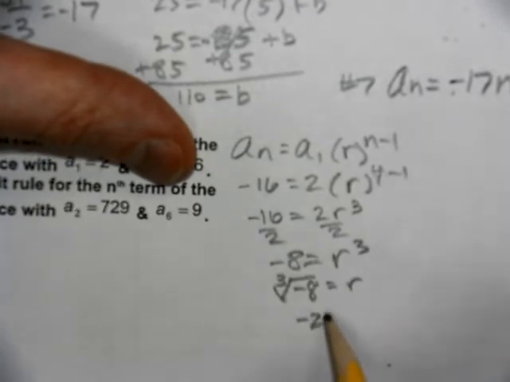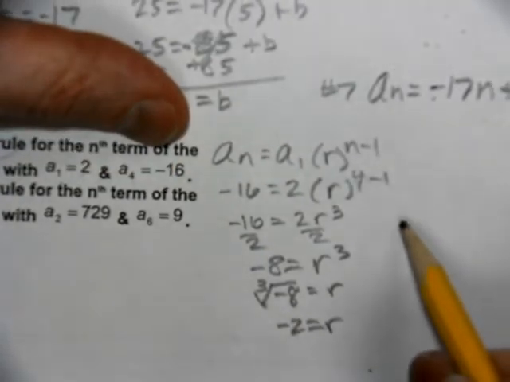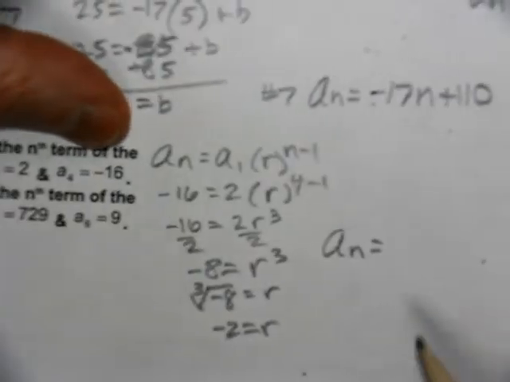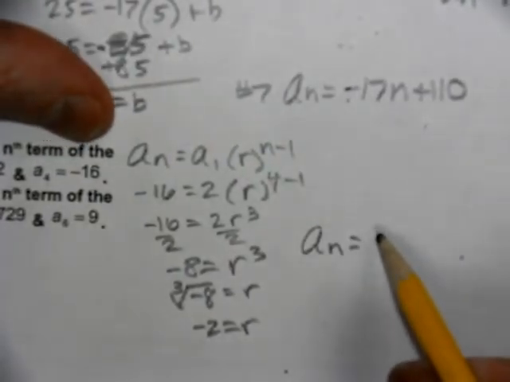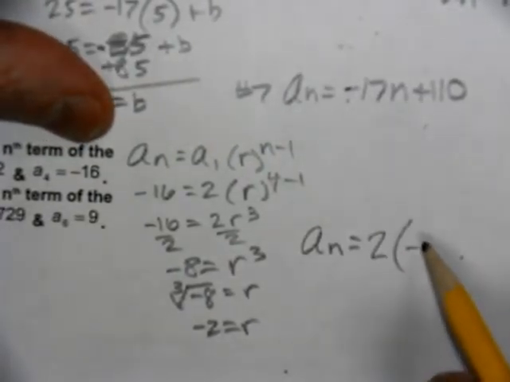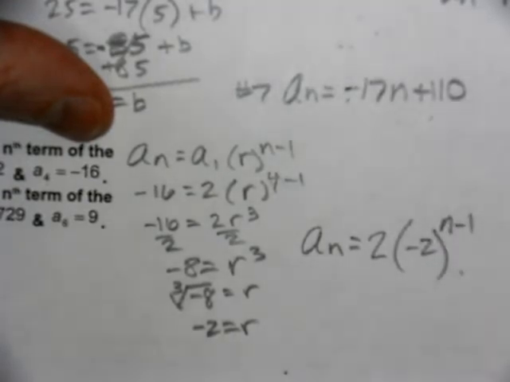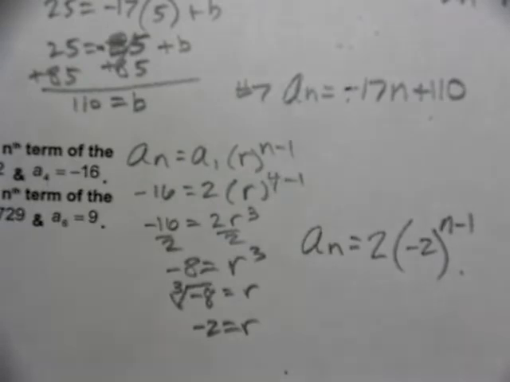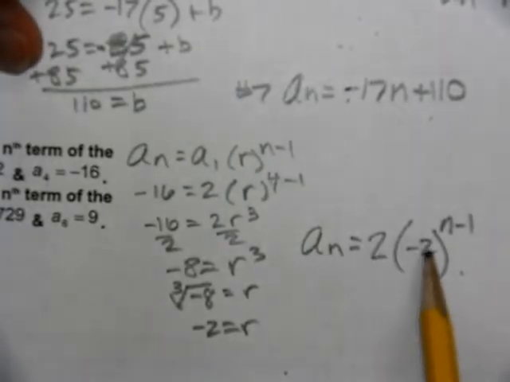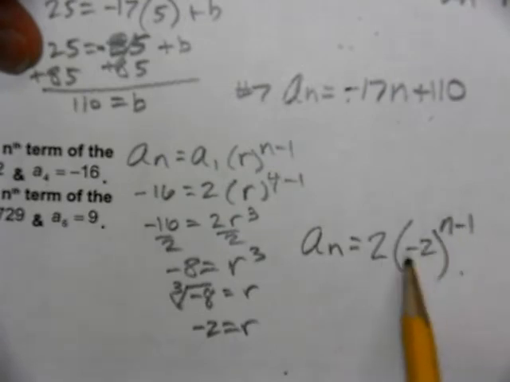So that gives us -2 for our r. So now we're ready to write our rule, which is a of 1 times -2 to the n minus 1. Remember, you can never multiply these two together because it has an exponent. And that would be our rule.